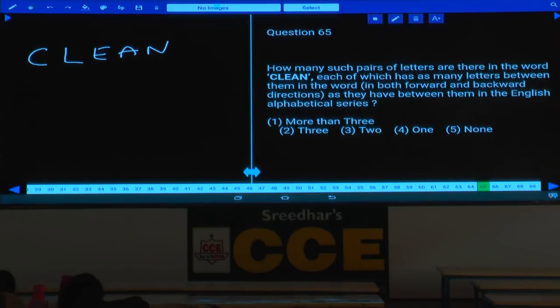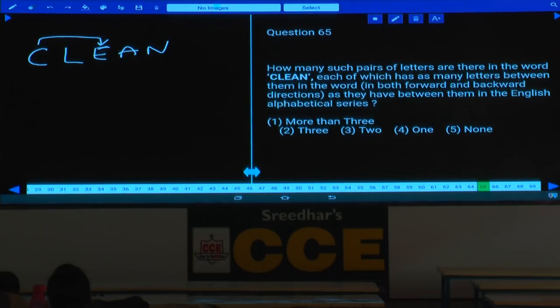I start counting from C onwards: C, D, E. Between C and E, which letter is matching? E is matching. Between C and E, how many letters are there in this word? There is only one letter, L. In the alphabetical sequence also, between C and E you have only one letter. Here there is one letter, there also one letter between these two letters, hence these two letters are considered to be a pair.